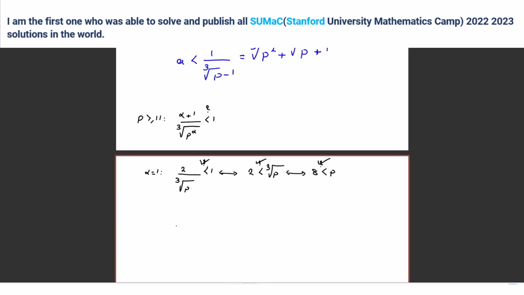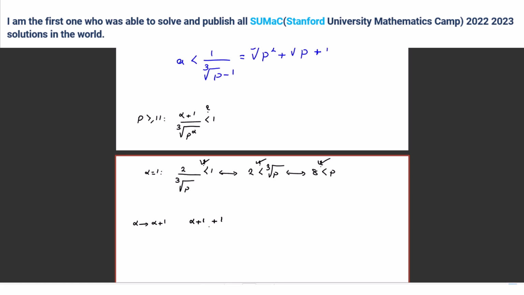Agree? Yes. Okay, so look, if we simplify this it is equivalent that p is greater than 8, we said p is at least 11, right? Okay, and when we change alpha to alpha plus 1, let's see what happens.